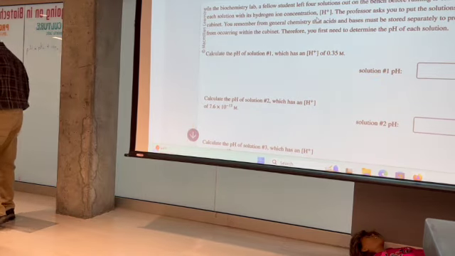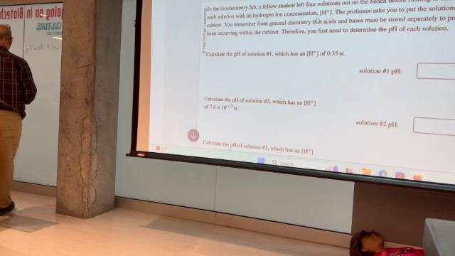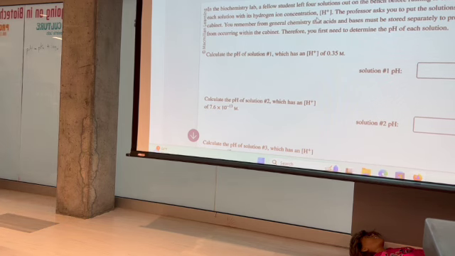Just put the number that you are given, the 0.35 molar, the concentration, into the equation that you just mentioned, the negative log of H+. So the pH is going to be equal to negative log of 0.35 molar and whatever that is.